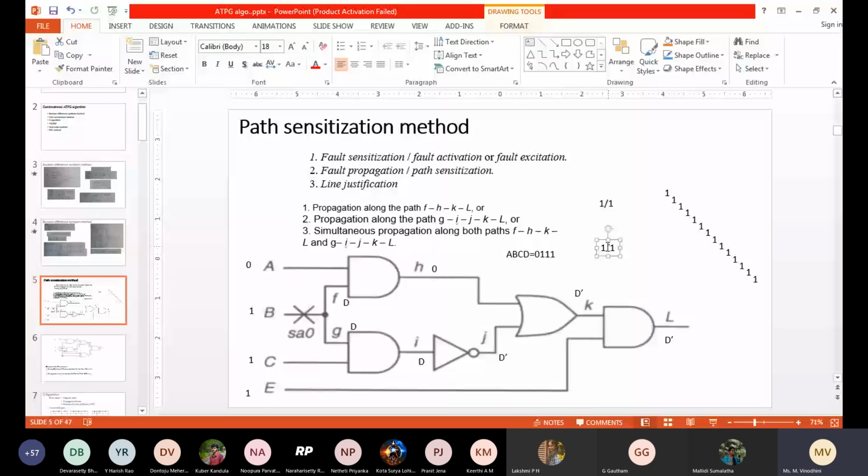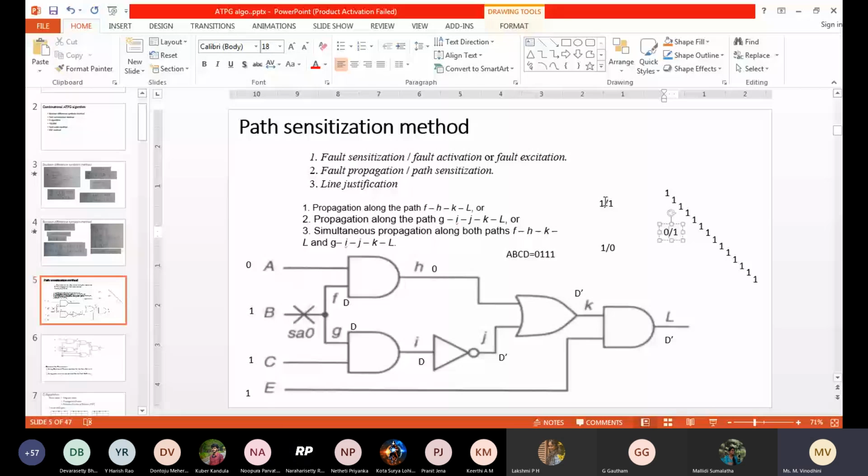Can I write 1/0? Assume you have a 2-input XOR gate here. Look at the slide. 1, I'm writing it as 1/1. D, I'm writing 1/0. So what will be my XOR output? 1, 1, my output will be 0. 1, 0, my output will be 1. So for D, if my other input is 1, I'm getting D bar.